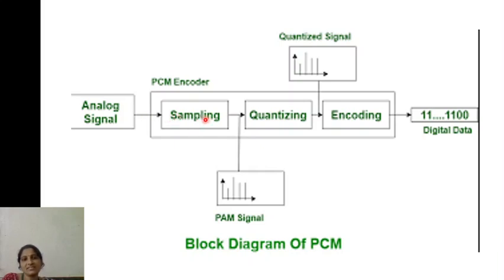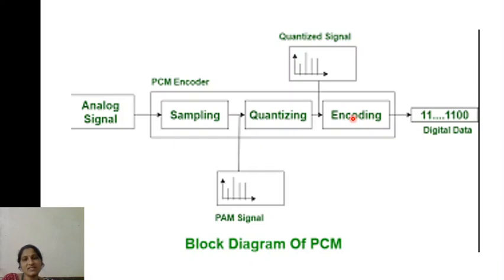After sampling, the analog signal is given to the quantization. Quantization means you will be dividing the amplitude into several levels. So this is the quantized signal. At this point you are getting the sampled signal and at this point you are getting the quantized signal. After quantization it is given to the encoding.